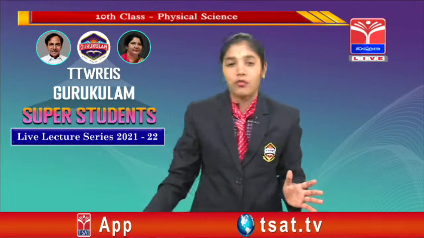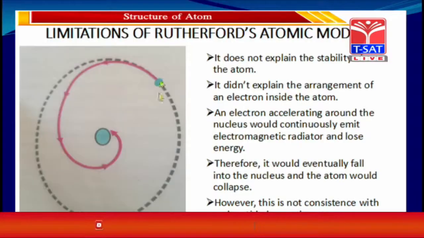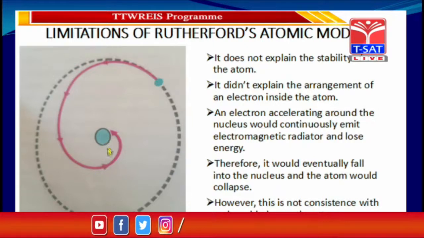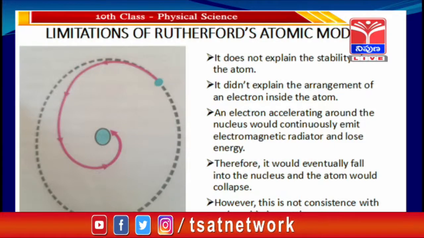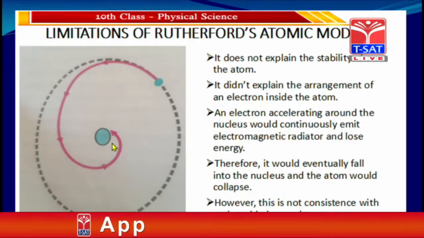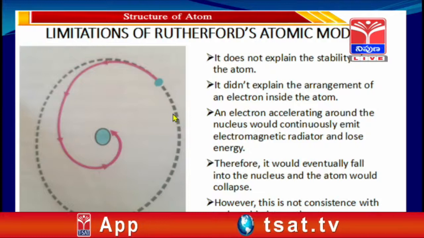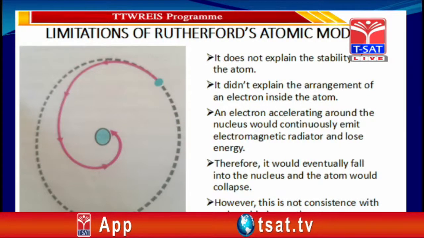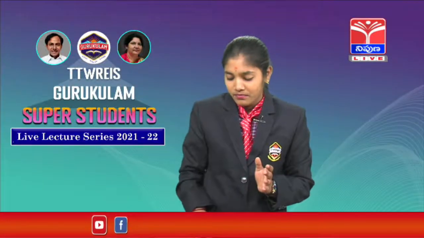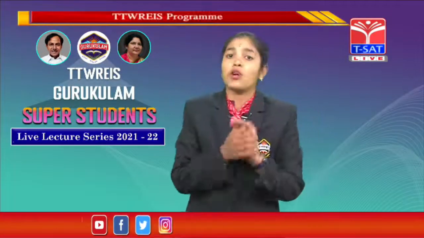Observe here, friends, when the electrons fall into the nucleus, the atom will collapse. So these are the limitations of Rutherford. So friends, what are the limitations of Rutherford?